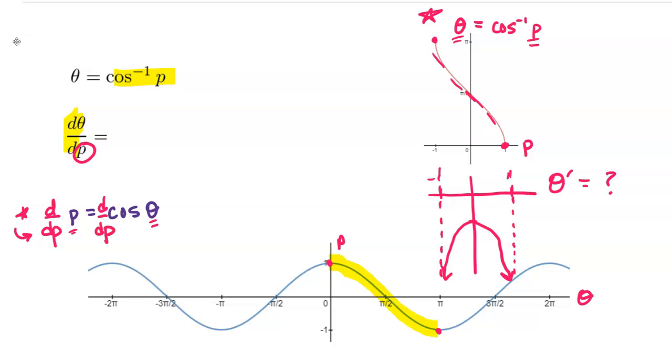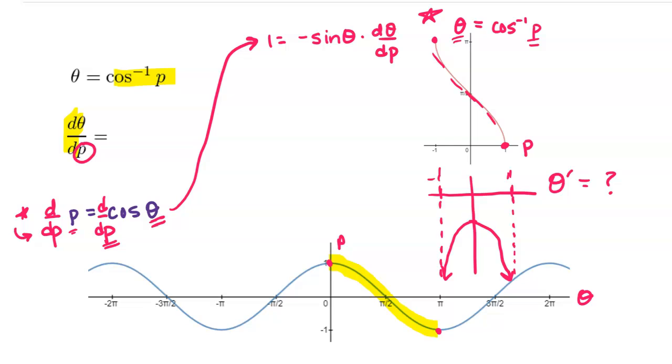Pause the video and see what you get if you try to implicitly differentiate that equation. What I get is this. ddp of p is 1, and ddp of cosine of theta is minus sine of theta, times, because I'm differentiating with respect to p and theta is a function of p, d theta dp.